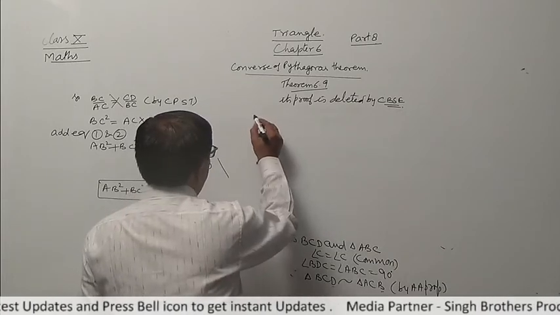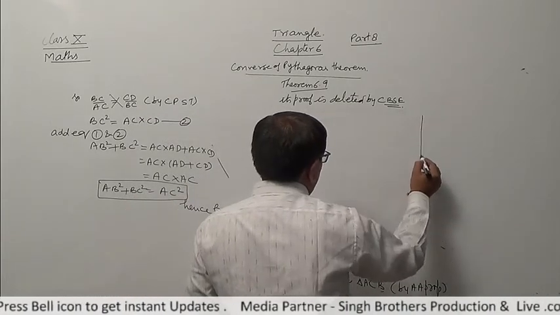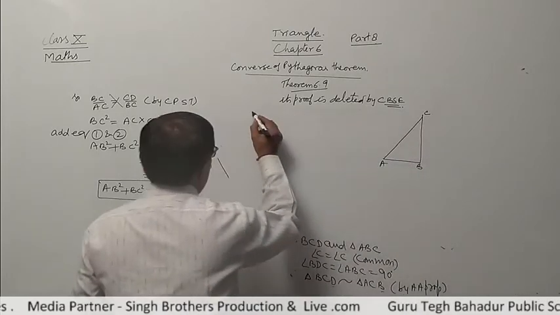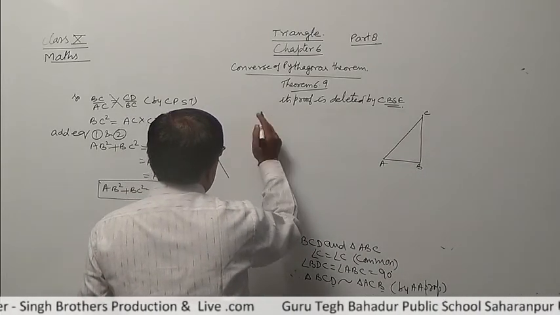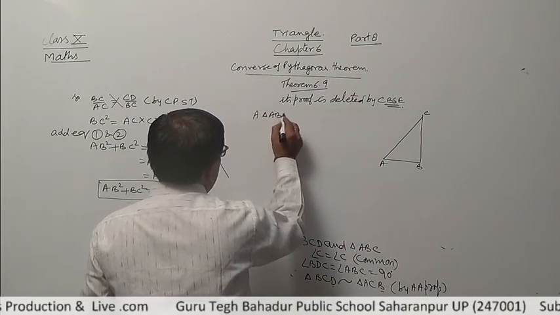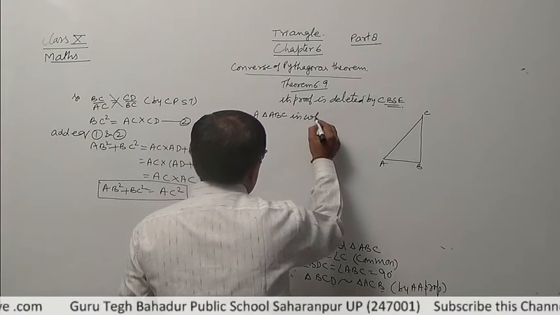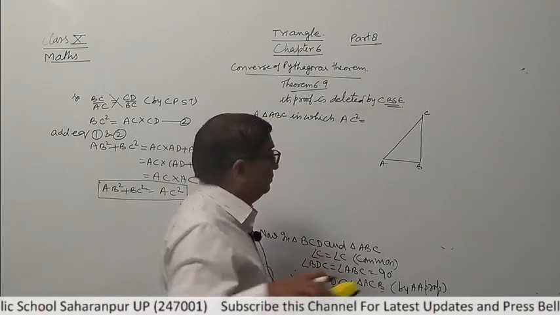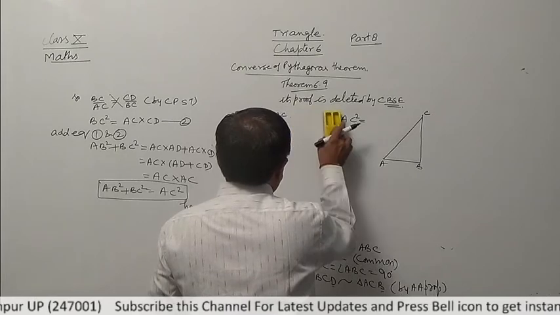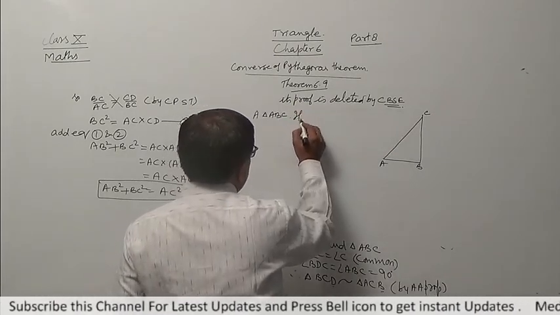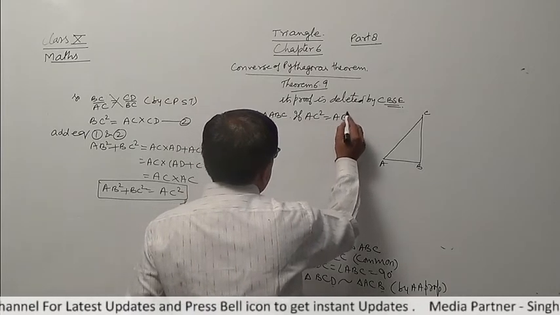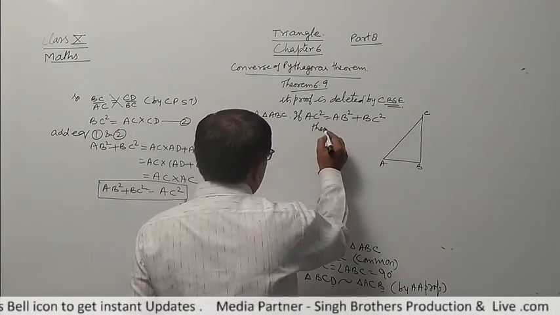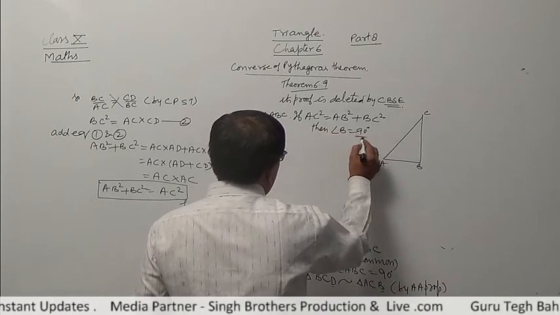Given that this is a triangle ABC, in a triangle ABC, if AC square is equal to AB square plus BC square, then angle B will be equal to 90 degree.